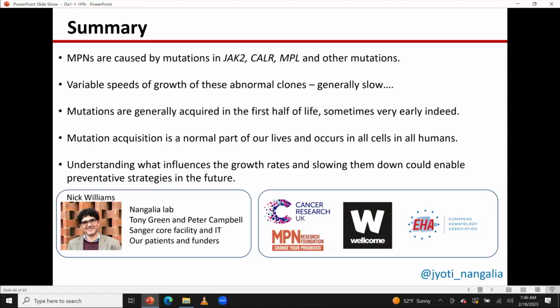Mutations are generally acquired in the first half of life, sometimes very early indeed, but that is not something to worry about. That just means that the growth rate is even slower. Mutation acquisition is really part of our lives and all of our cells in humans and across all species. So understanding what influences these growth rates and slowing them down could enable future preventative strategies.